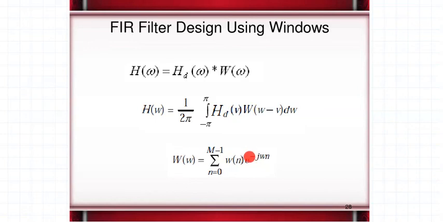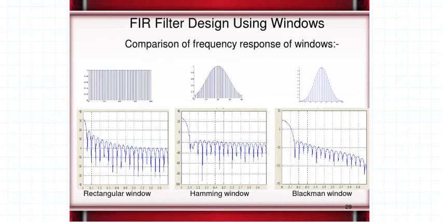Now let us look at all three windows and their frequency characteristics so that we can understand how the window characteristics affect the final filter response. That is our aim now, right? How is the window deciding the frequency characteristics of the final filter? So look at the three figures carefully. This is your rectangular window, this is your Hamming window, and this is your Blackman window, right?